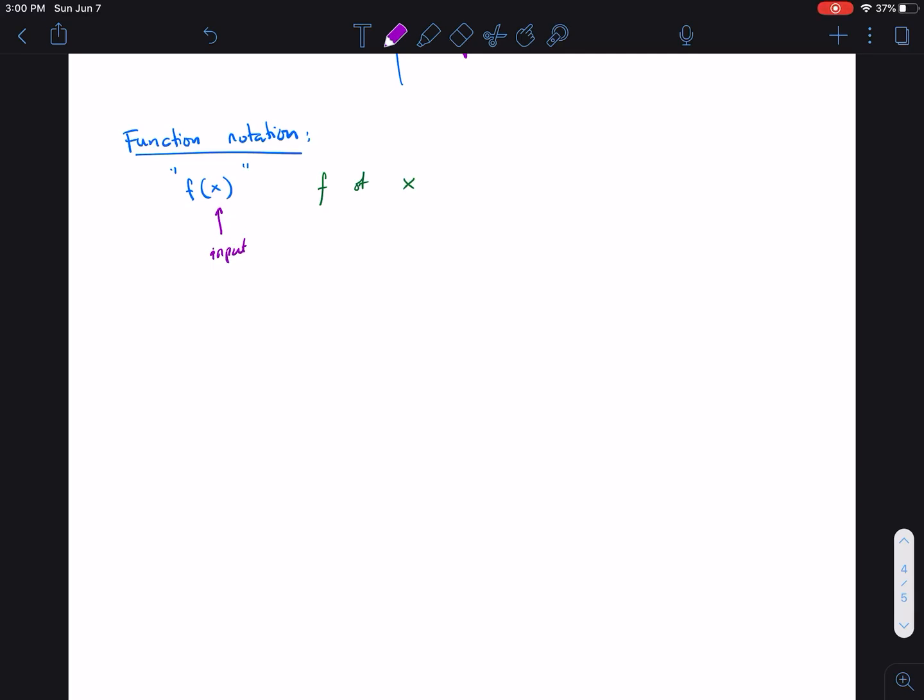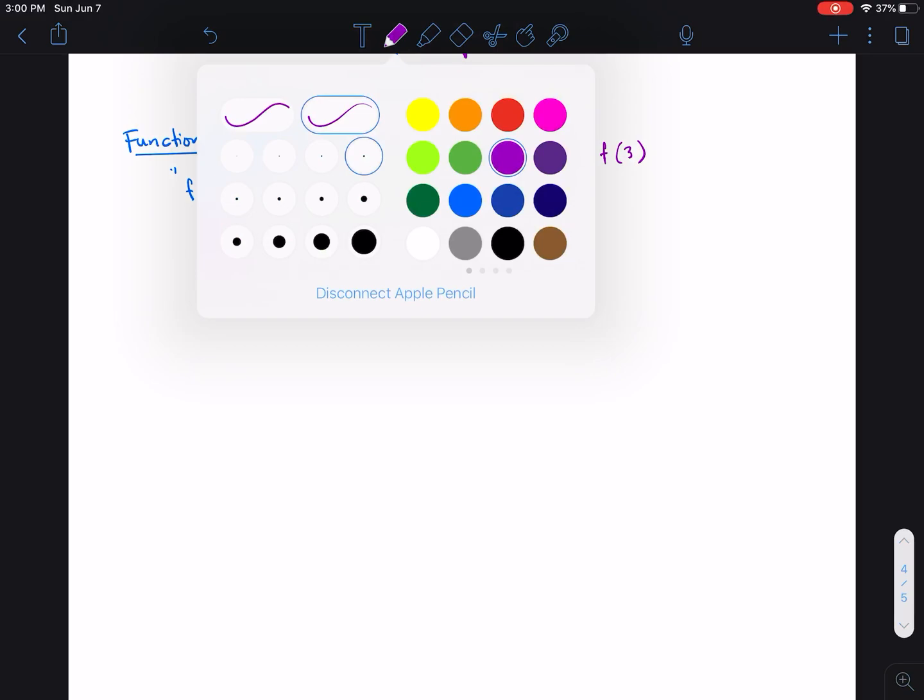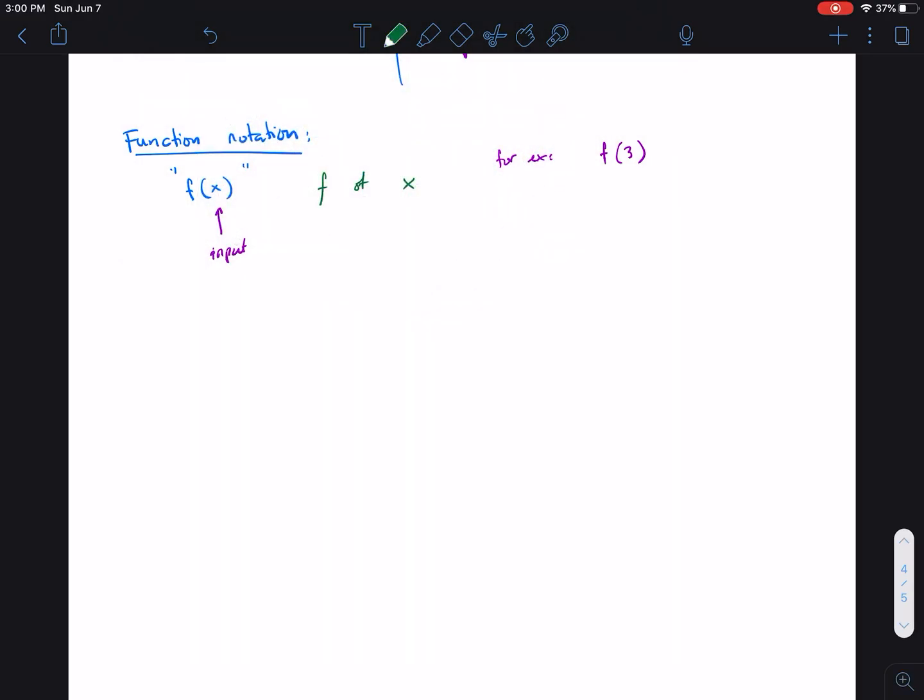So when you see f of x, for example, f parenthesis 3, close parenthesis, we say f of 3. This means plug in 3 for x to find what the y value is.